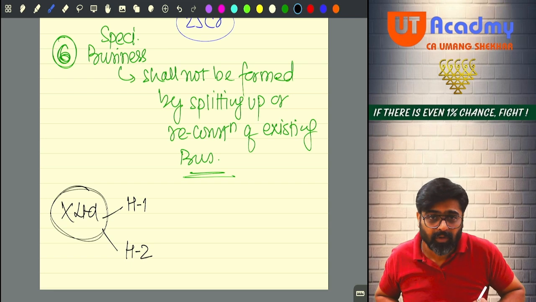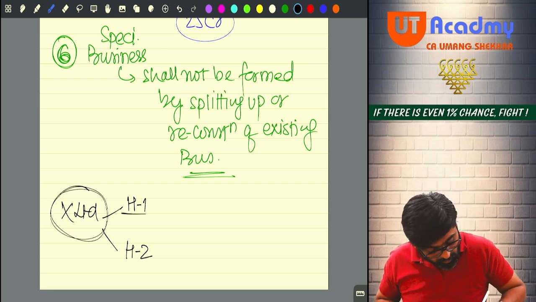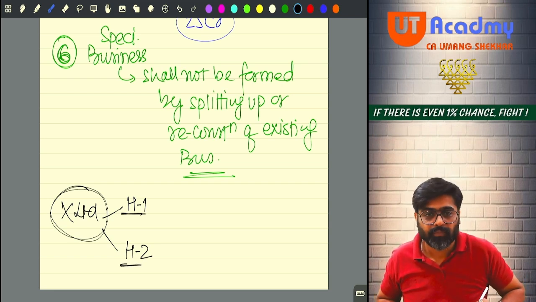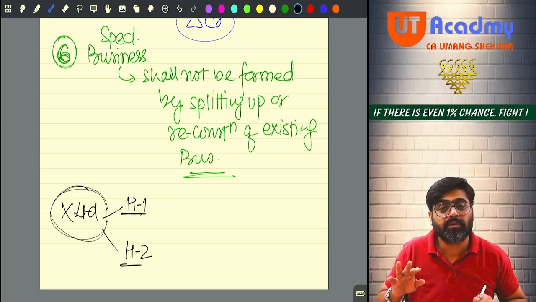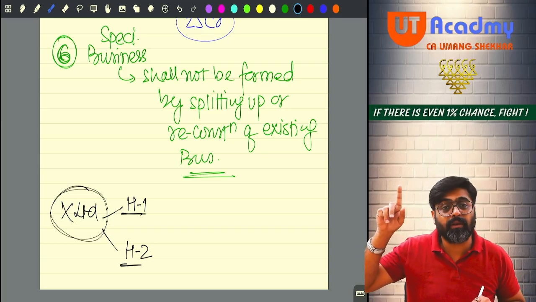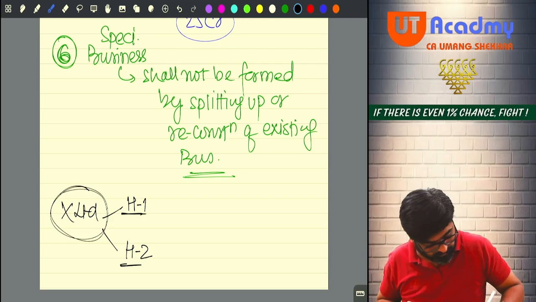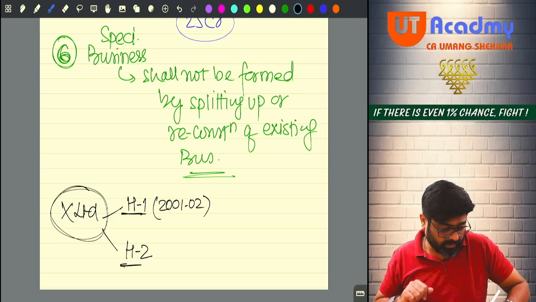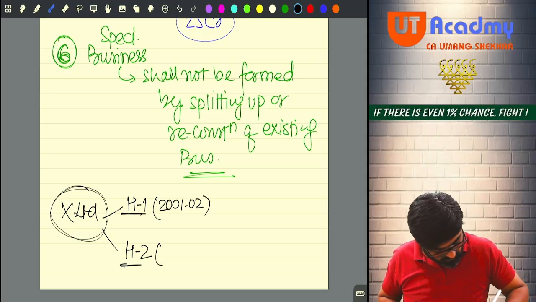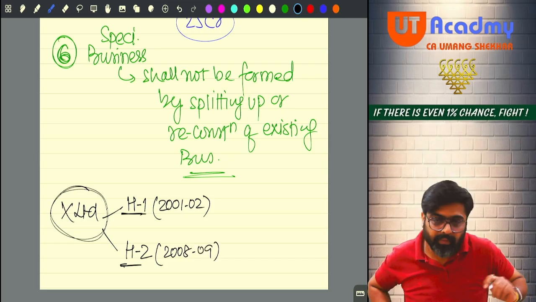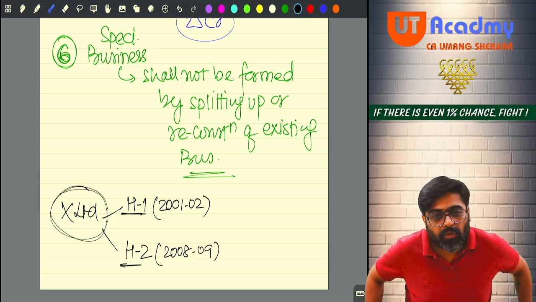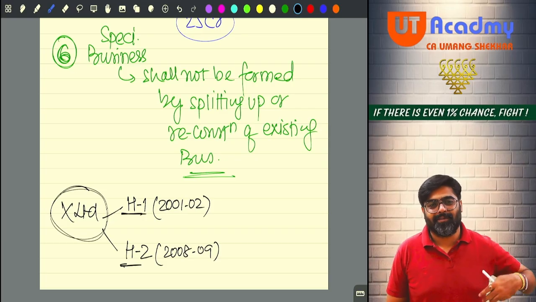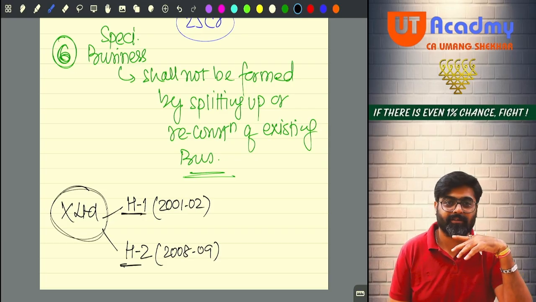Hotel 1 operations commenced in 2001-2. Hotel 2 operations you started in 2008-9. Both the operations started prior to the specified dates.